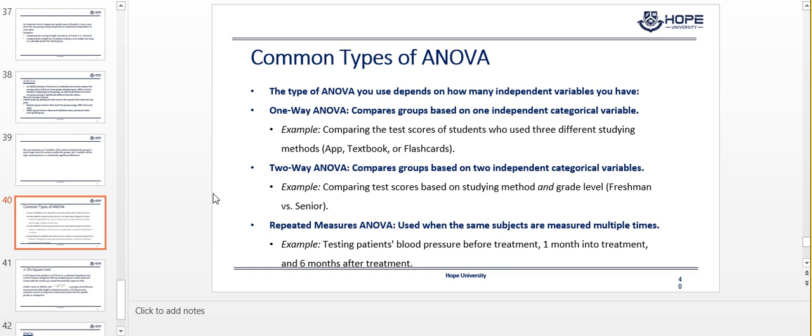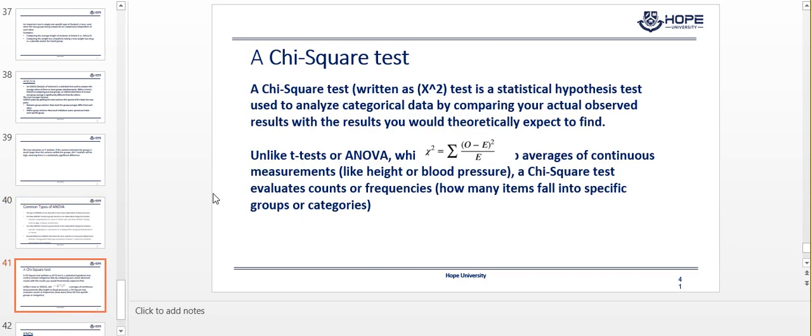For example, comparing test scores based on studying method and grade level, like freshmen and seniors. Repeated measures ANOVA is used when the same subjects are measured multiple times, again and again. Example, testing a patient's blood pressure before treatment, one month into treatment, and six months after treatment. So we are repeating our blood pressure testing to determine differences.